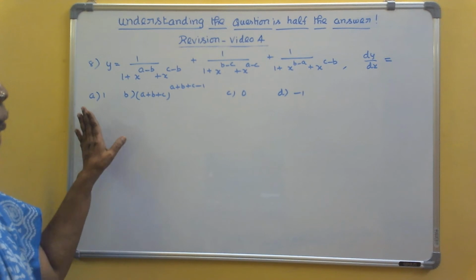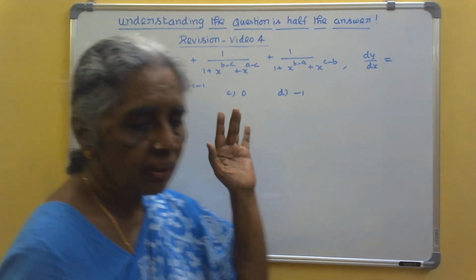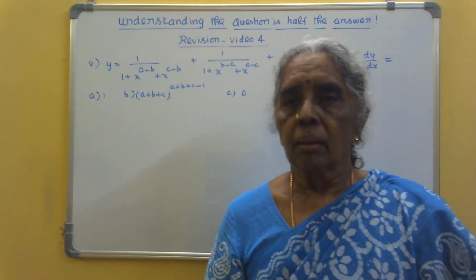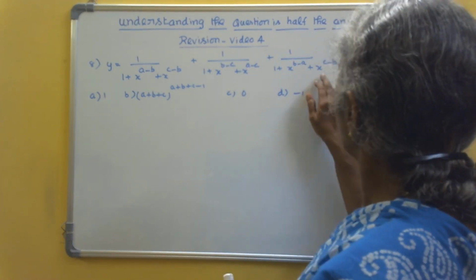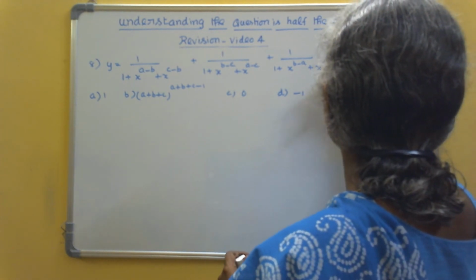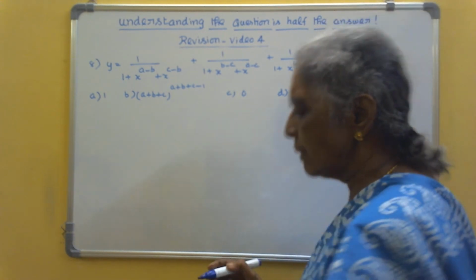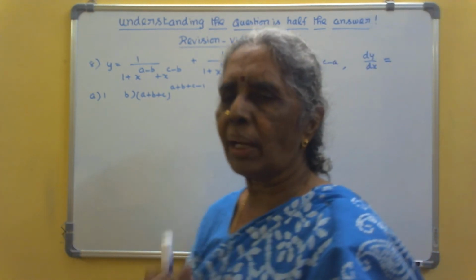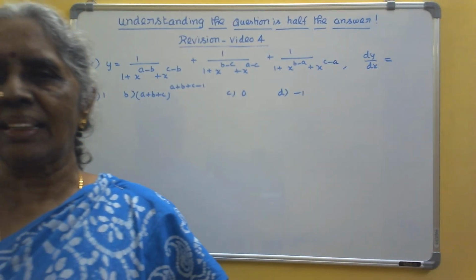They have given you 4 options here. Sorry, this is c minus a, not c minus b. This looks like a bit complicated sum, right? But actually it is very easy.